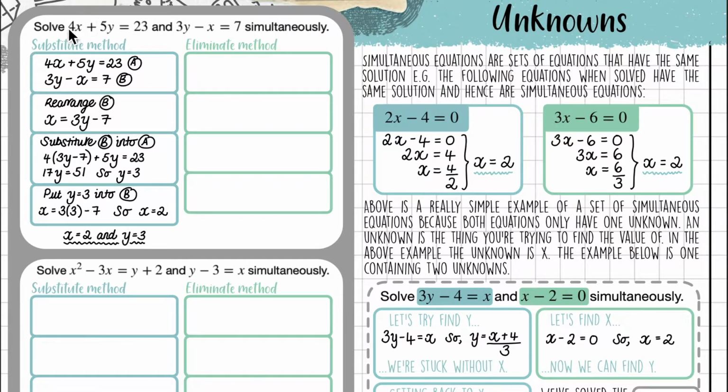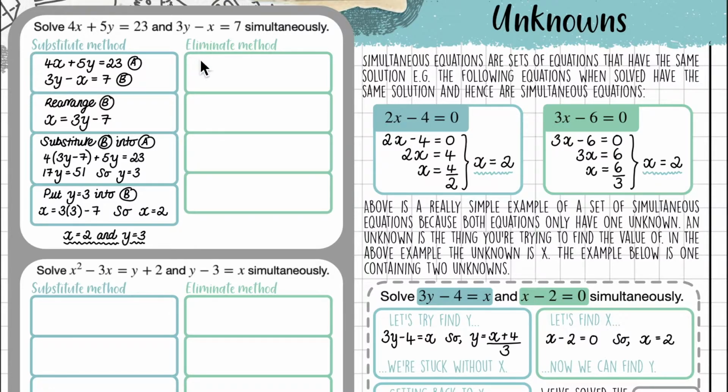So this original equation becomes 23 is equal to 23, which makes sense to me. Now the second equation. If y is 3, this term here becomes 9. And if x is 2, this term here becomes 2. So we have 9 minus 2, which is 7. So this equation reads 7 equals 7, which again makes sense. So we're fine. These solutions are correct.